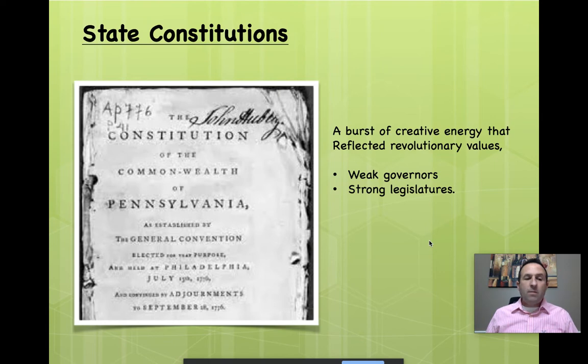Now, the argument became, do we want a big government or a small government? Do we want a strong, central, nationalized government where power only resides in the hands of a few people? That's known as federalism. A federalist government is one where we have a strong, active, national, central government, federal government, where power resides in the hands of a few people.